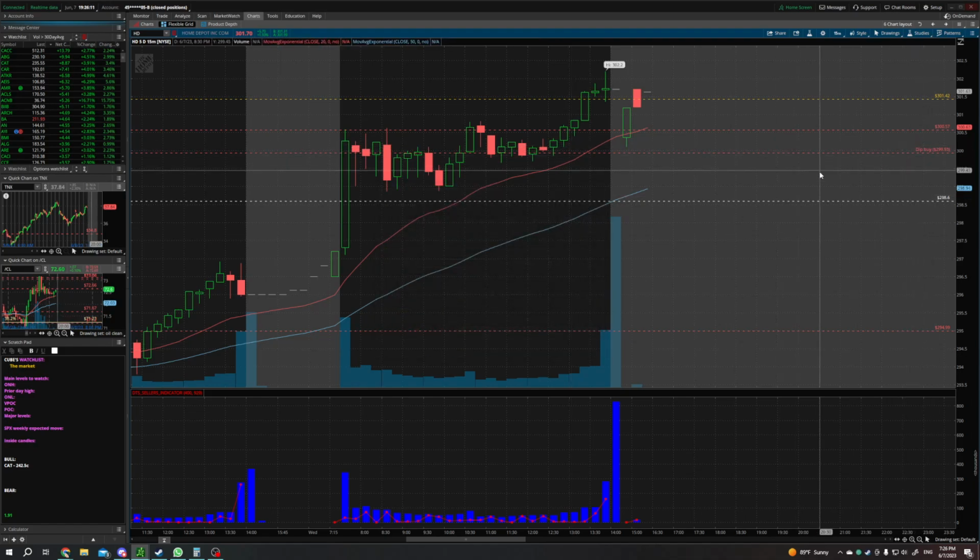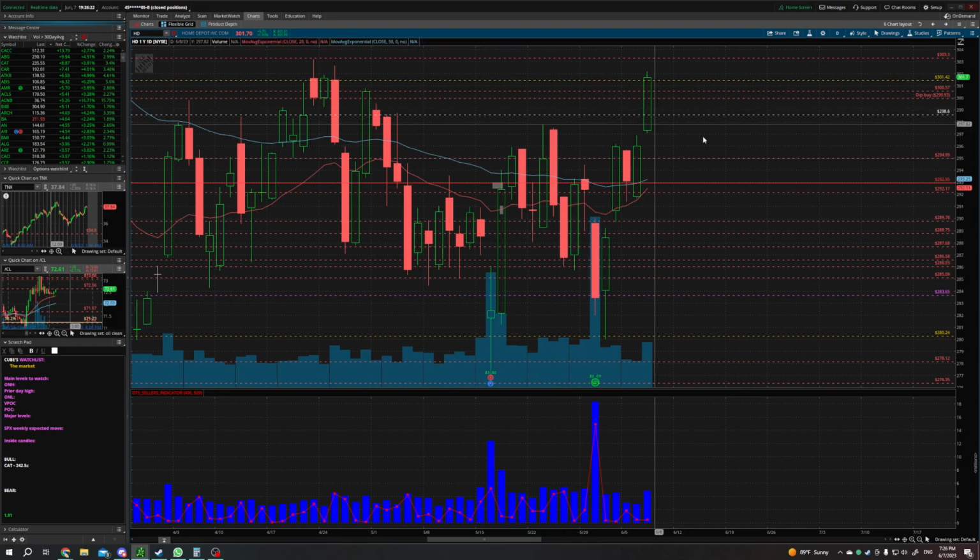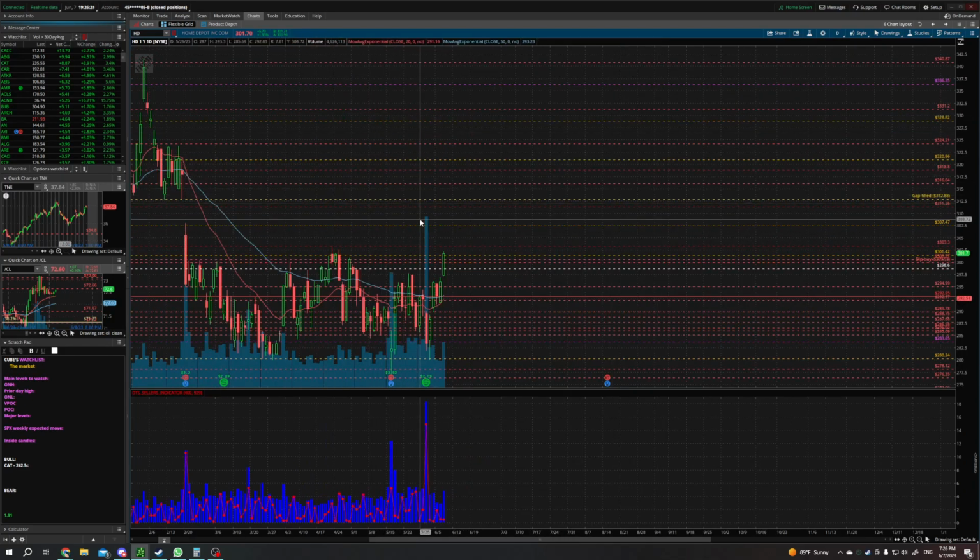Right here, right? So we're gonna keep a watch on that, and we're also gonna be looking at what contract is good for this day trade. So our main target becomes, what is this level? 307. So the 307.5 calls are good, but they have 15 delta.